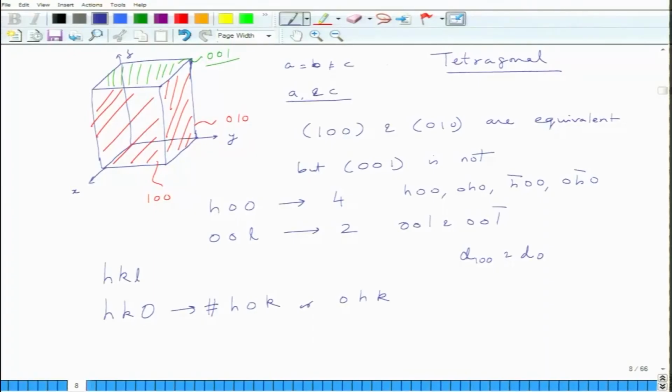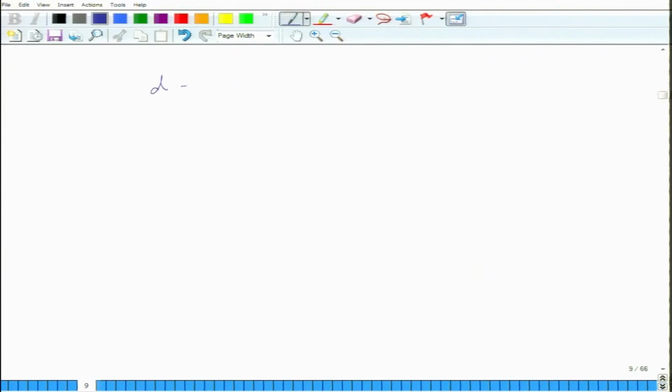You will also see that D100 and D010 are the same, but D001 is not the same as D100 and D010. So the formula that we saw, D is equal to A divided by square root of H square plus K square plus L square, is valid only for cubic.